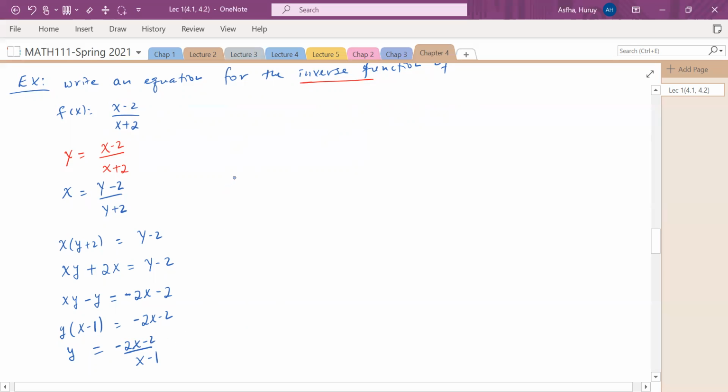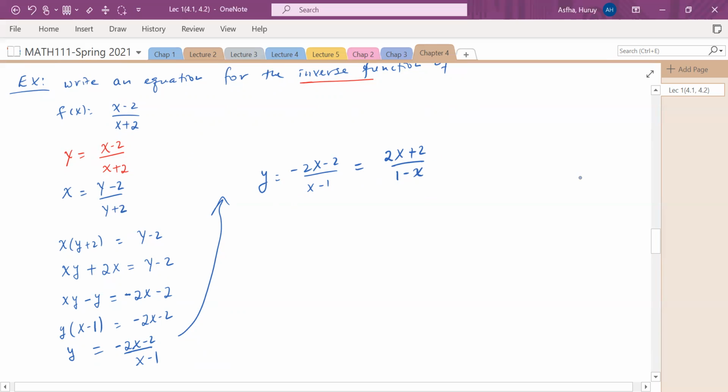We can write this one as 2x plus 2 over 1 minus x. They are the same.